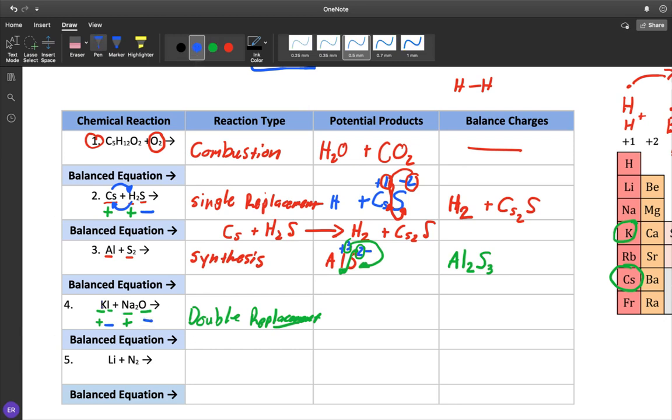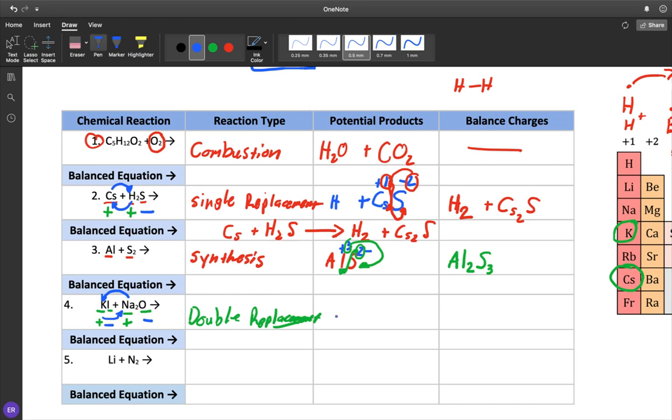Which makes sense because the metal, the positive, is always first, and then the non-metal is always second. Okay. So again, the rule is 2 positives cannot be together and 2 negatives cannot be together. So we can't put K with Na and we can't put I with O, but we have to make a switch. So go ahead and switch the positives. So Na is going to switch out with K and K is going to switch out with Na.